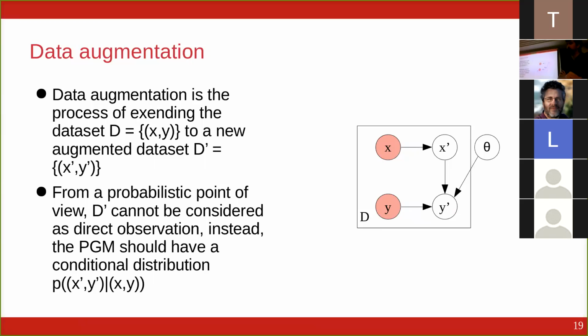Well, you could just extend your data set and do the supervised training as usual, but that wouldn't be perfectly correct from a stochastic point of view. So what you should make explicit instead is that from the observed variables, you derive some unobserved variables that represent your augmented data set, and you use that for training.